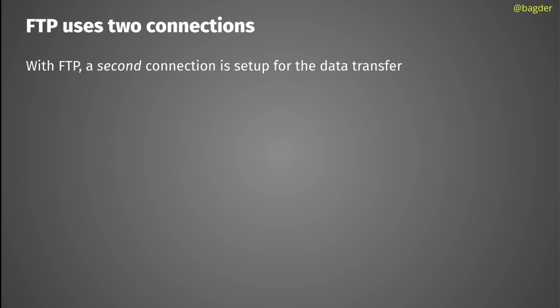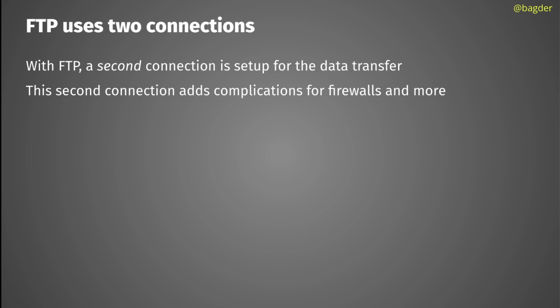It first sets up a connection, and it speaks to the server, it authenticates, says hello, and you log in, and it communicates, and then it has to set up a second connection to do the actual transfer. And this second connection adds complications for everyone involved, for firewalls, for network setups, and there's an insecure part in it, so it's really, really difficult to manage.